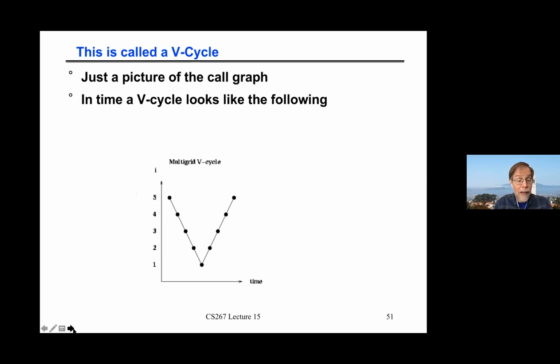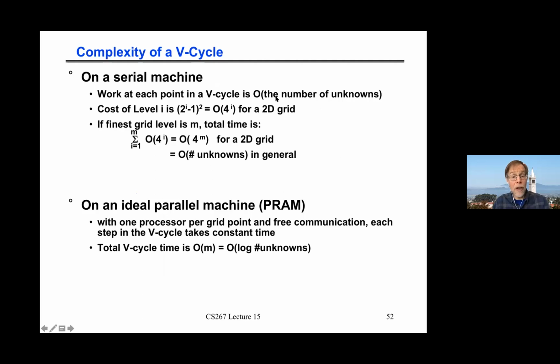And I'm doing the amount of work proportional to the number of unknowns at every level. So the cost of level I is about 4 to the I, because it's a 2 to the I by 2 to the I mesh. And so the total amount of work is just this geometric sum over all the levels, which is dominated by the finest level. So it's order the number of unknowns. And so that is why one V-cycle does a constant amount of work.